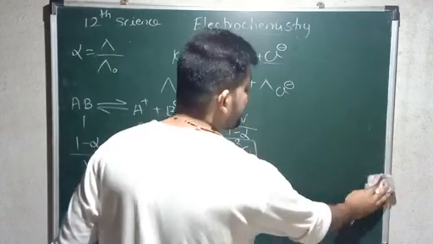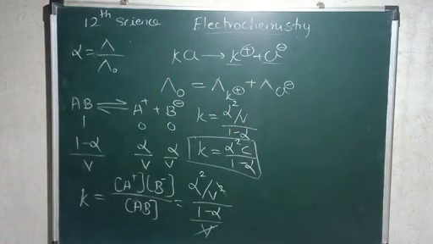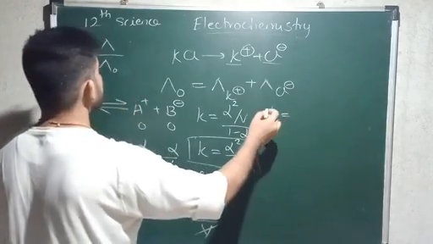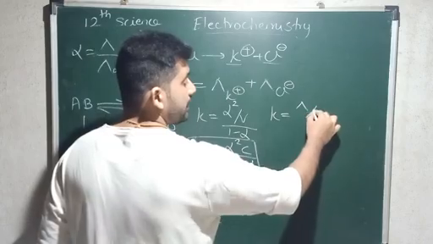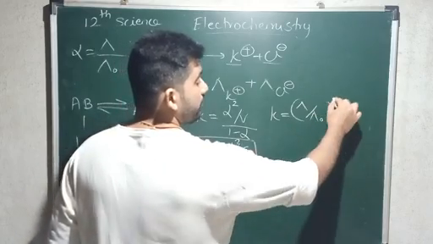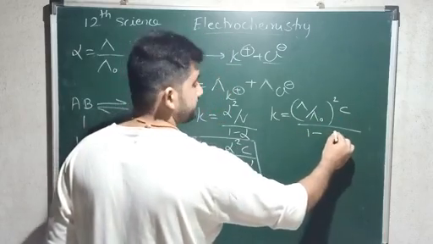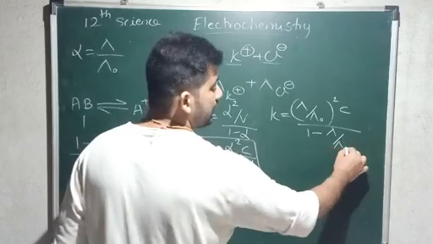Now when we substitute the value of alpha in this equation, we get K is equal to bracket lambda upon lambda 0 square C upon 1 minus lambda upon lambda 0.